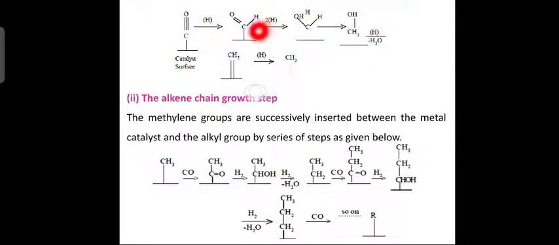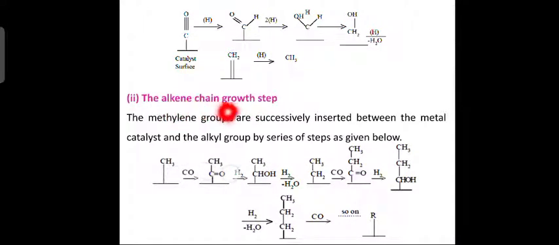The same molecule undergoes rearrangement to give CH2OH. This will once again combine with H+, eliminating a molecule of water, to give CH2. When CH2 is present, with a double bond, it will once again combine with a hydrogen atom to give CH3. CH3 is nothing but what? Alkane. Now, what is the second step?